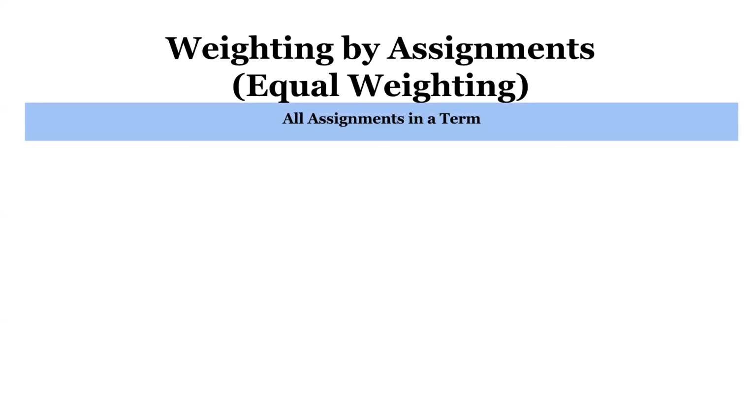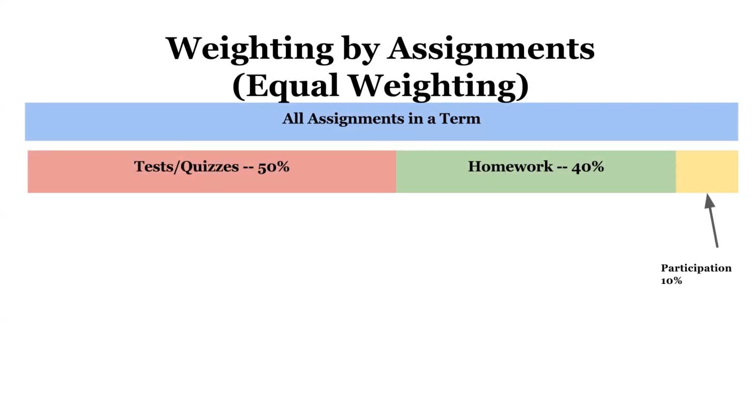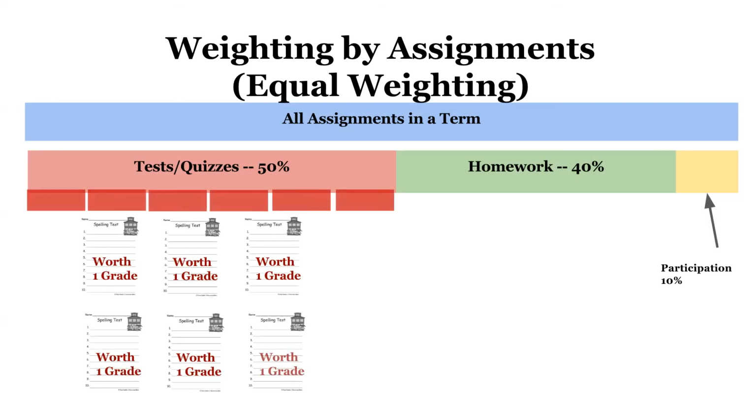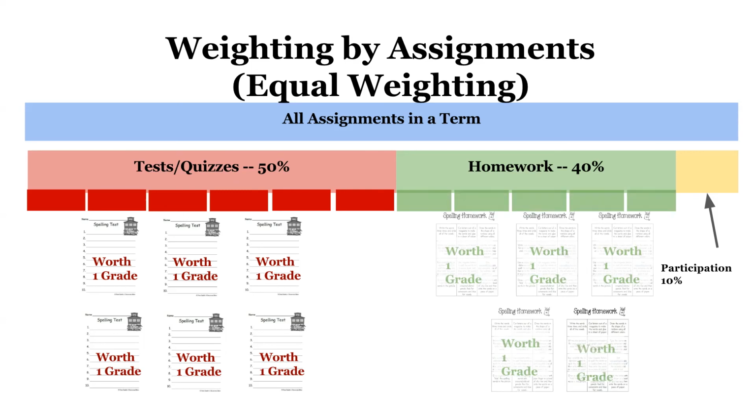In this case, equal weighting. Let's say for all the assignments in the term, you're using weighted categories. If you have 6 assignments in the test and quizzes category, note that they will all be equally weighted toward the category grade. Likewise for homework. Another option is weighting by assignments using unequal weighting.